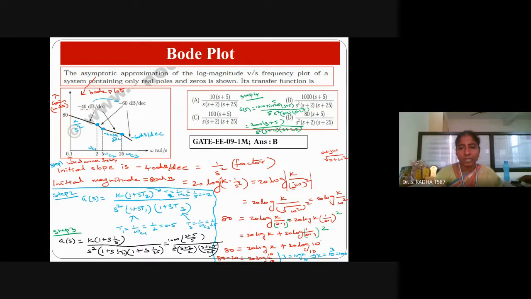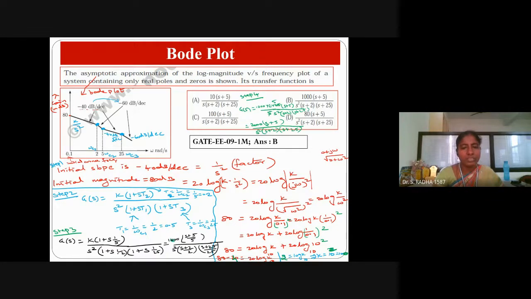The 10 square here, so it is 80 minus 40, which is 40. 40 divided by 20 is 2. So this is 10 square, and this is 100. Not 1000, it is 100, please. The K value is 100.